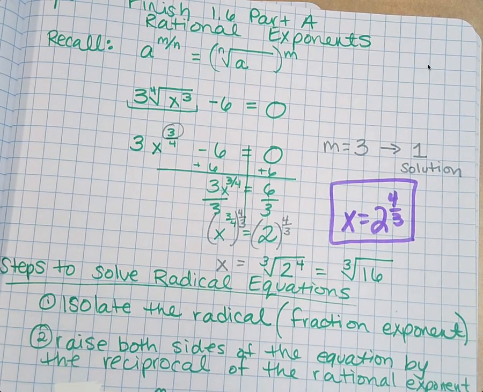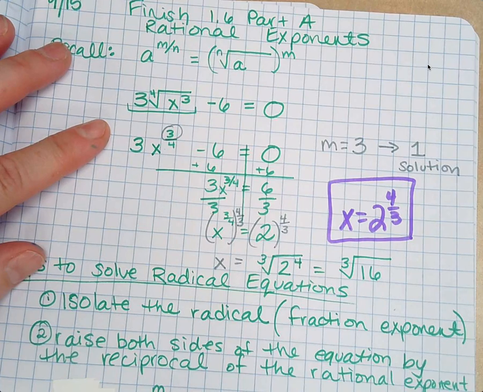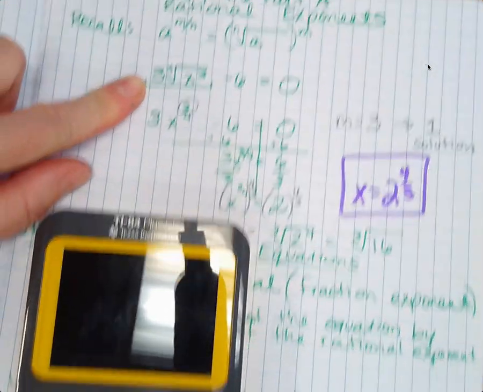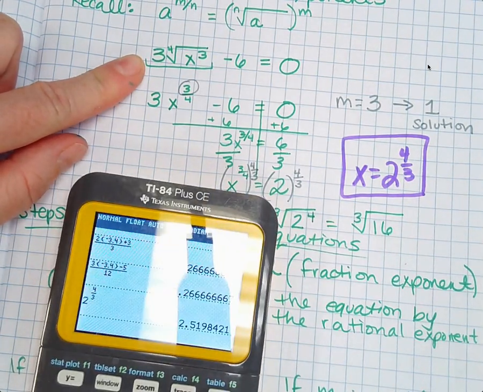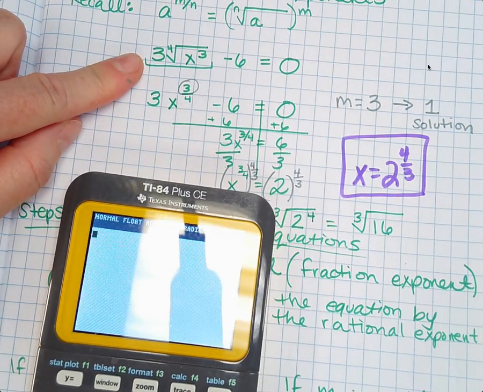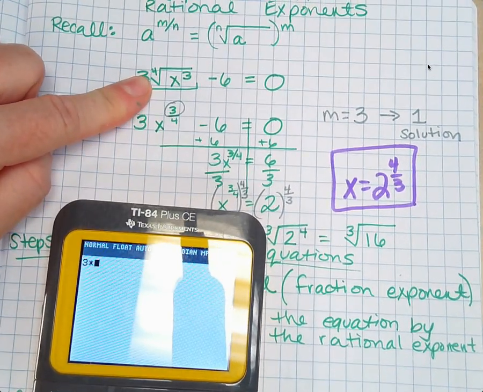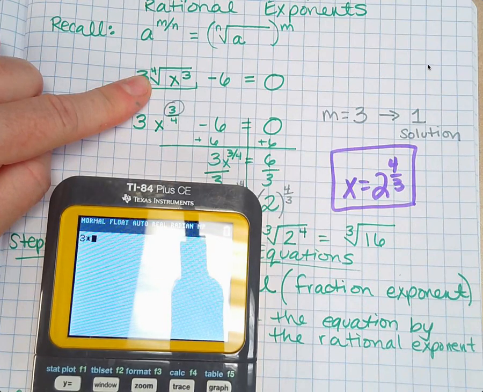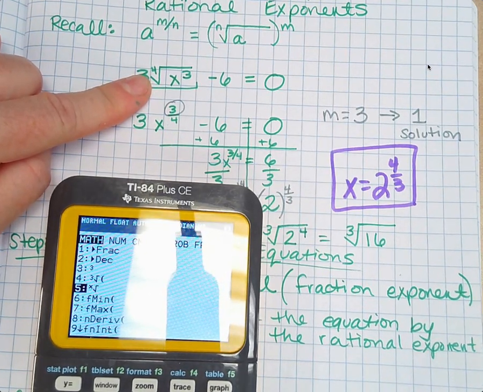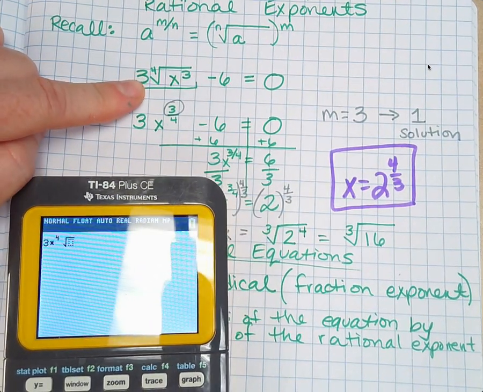And then we also need to check our solution. So since we already did this, let's go ahead and check our solution. So we are going to do 3 times, do y'all know how to get this in the calculator? Yeah, math, and number 5. And then you put in 4.